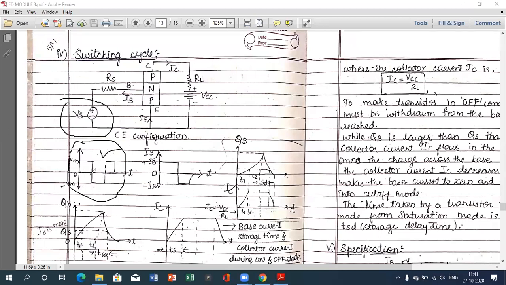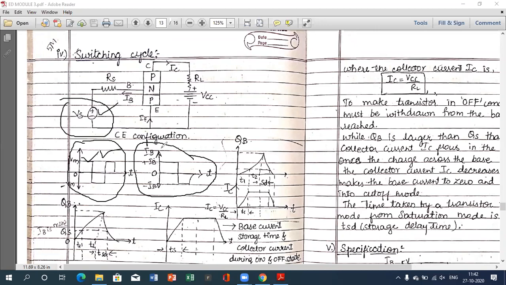When the Vs voltage is positive, we get the base current. When Vm increases from 0 to a certain value, the base current also rises from 0 to the maximum base current. It behaves exactly like Vs, which is why Vs provides us the base current.